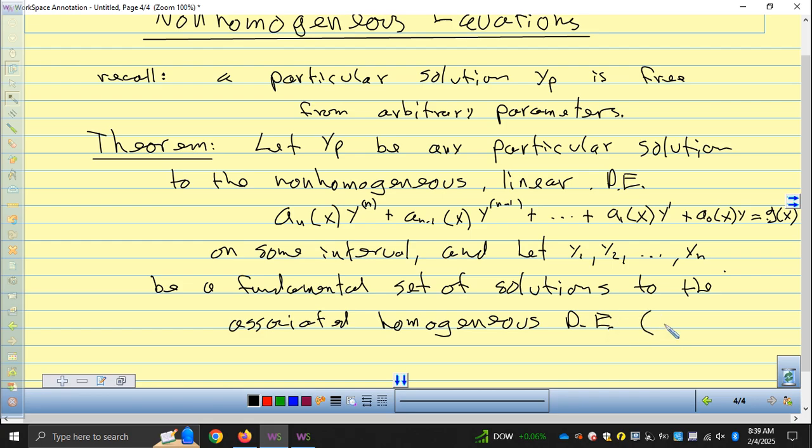And by homogeneous, we mean it equals 0 rather than g of x.